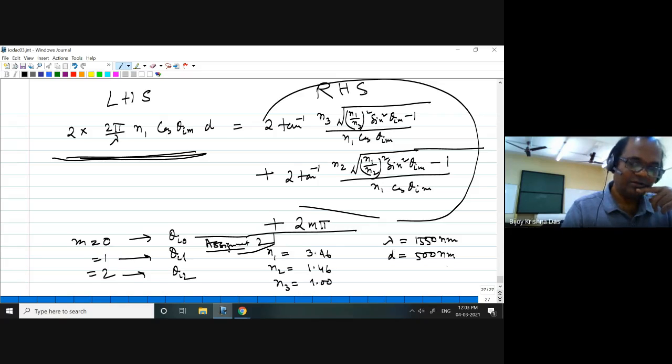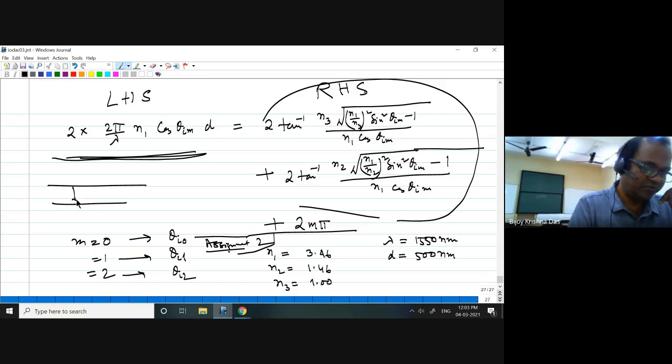D means the thickness of the core region of the 1D planar waveguide. Are you noting down? Lambda equal to 1550 nanometer, D equal to 500 nanometer. Then try to get the solution. How many solutions will you get for theta I? Theta I0, theta I1, theta I2, and so on.